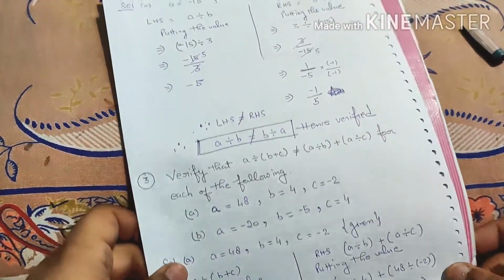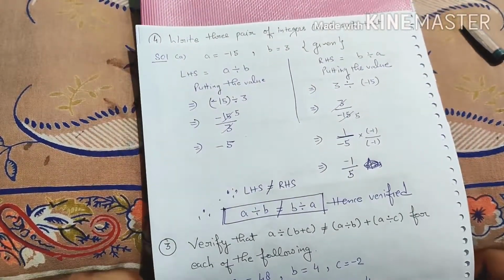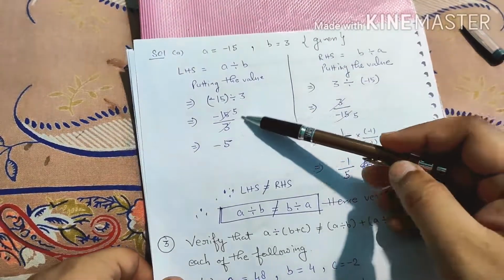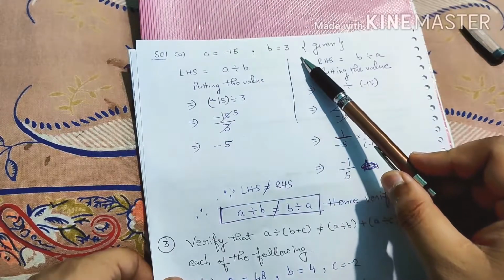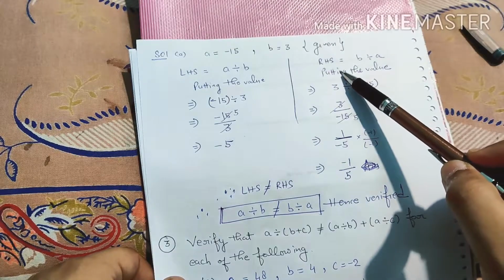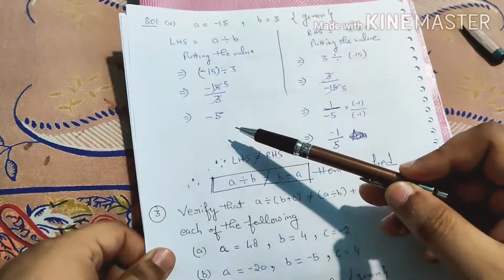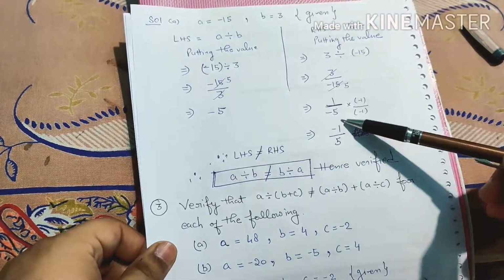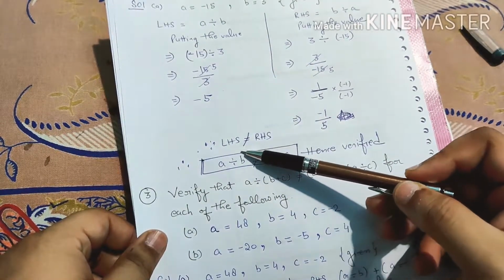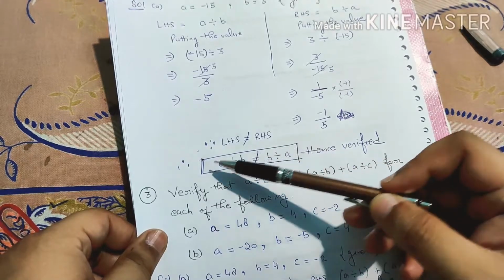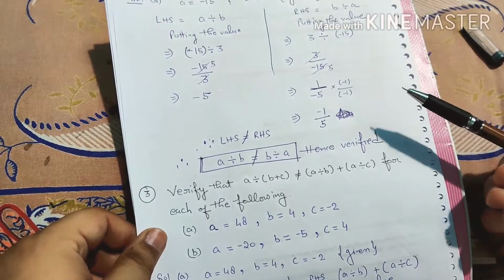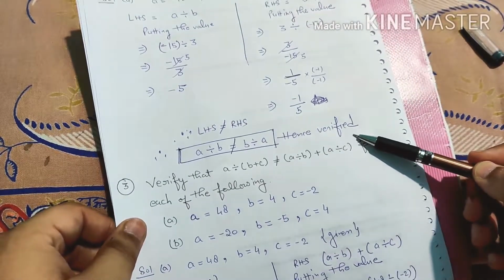Here is the first part of the question. a is minus 15 and b is 3. Putting the values in the left hand side and right hand side and solving, we got minus 5, and here we got minus 1 by 5. Since LHS does not equal RHS, the statement provided by the question is verified.